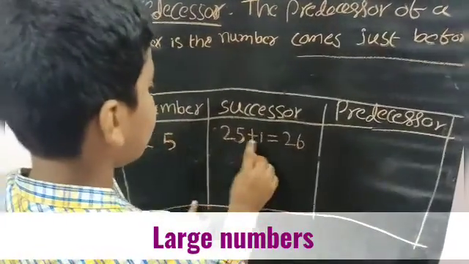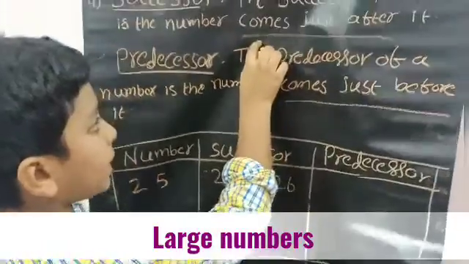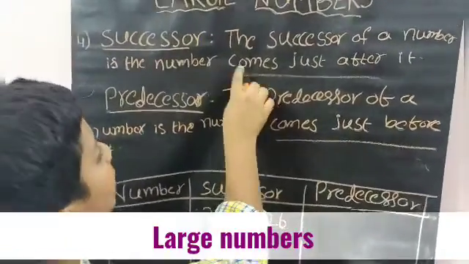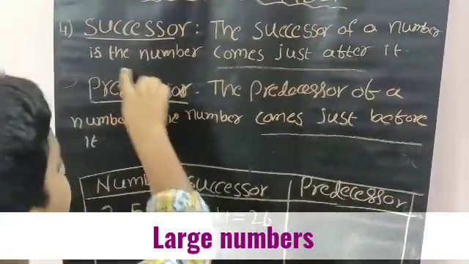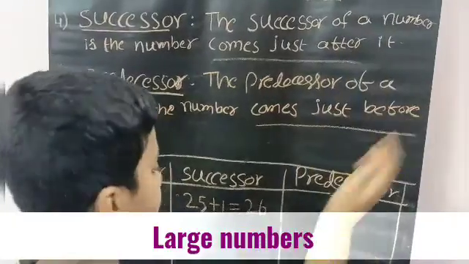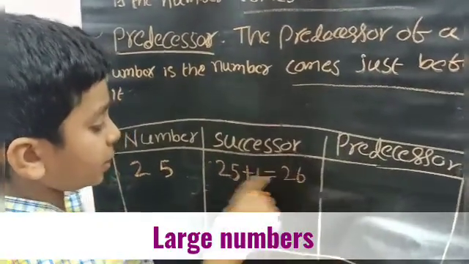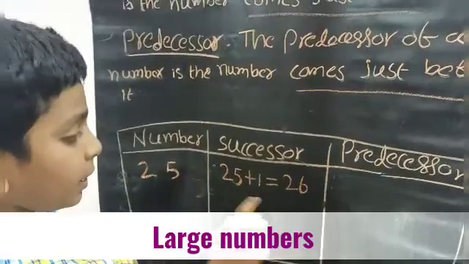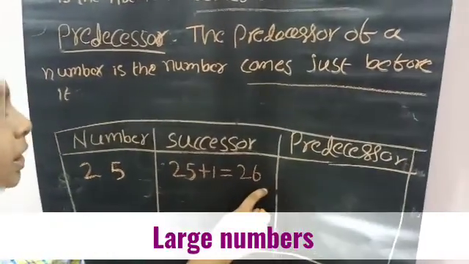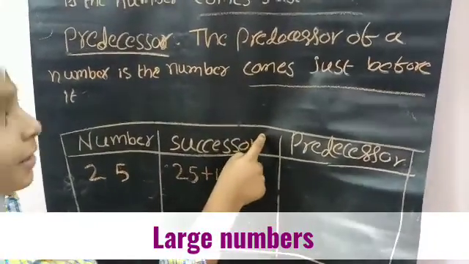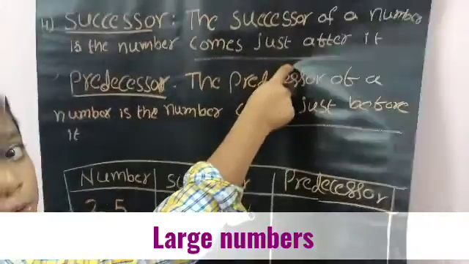So see, the number is 26. This statement is true. Why? Because the successor of a number is the number that comes just after it. For this number, 25 plus 1 is equal to 26. So 26 is the successor. So the statement is true.